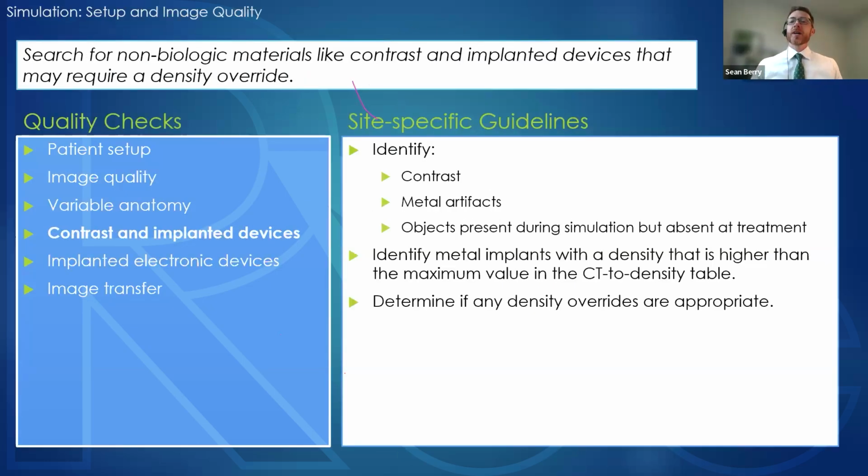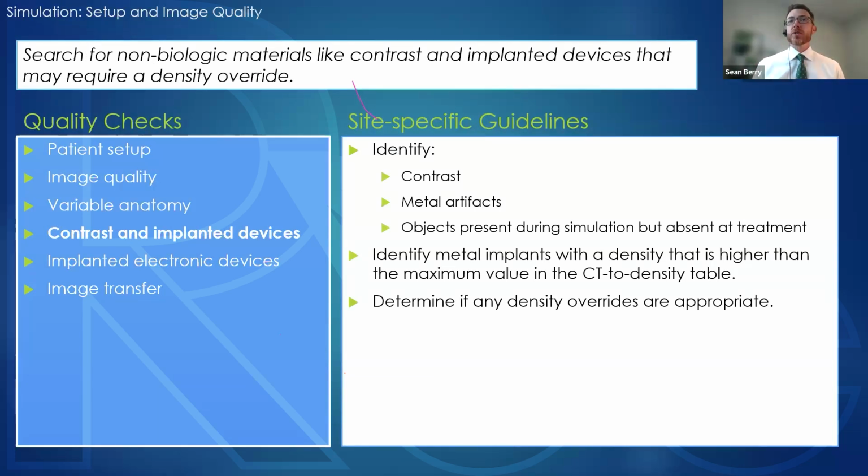So if you do have high Z materials, when you're viewing the scan, you're looking for two types of high Z materials. One is things that were there for the sim, but may not be there for the treatment. So that would be something like IV or oral contrast, because you may want to erase that from the scan, depending on how much contrast there is, how close it is to your target, and things like that.